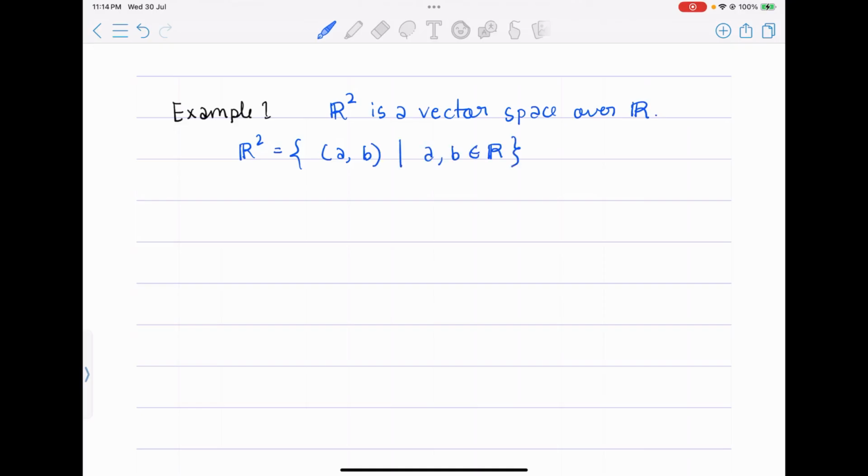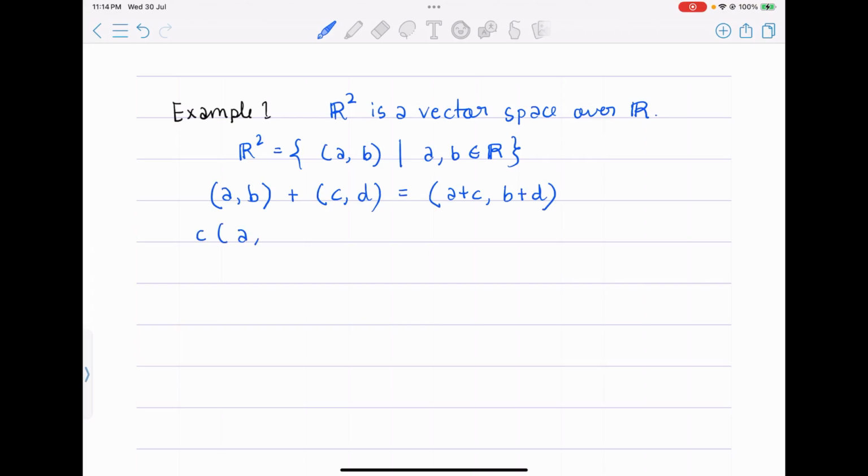Okay, and how do we define the addition? We define the addition like this: (a, b), let's say this is one, and let's say this is another one, (c, d). We add it like this: (a plus c, b plus d).